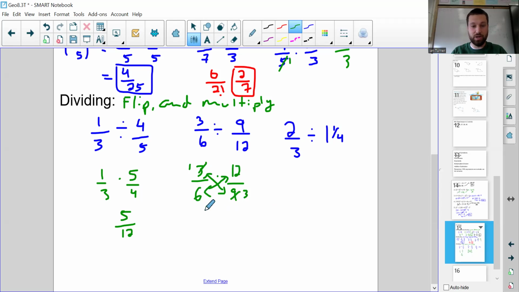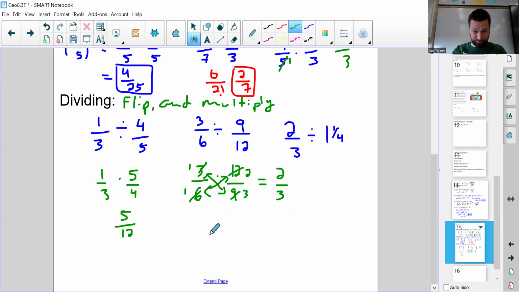And then on 6 and 12, 6 goes into 12 twice. So 6, I'm left with a 1 there, and 12 goes in twice, okay? So now I'm left with 1 times 2, which is 2, and 1 times 3, which is 3. And I get 2/3.